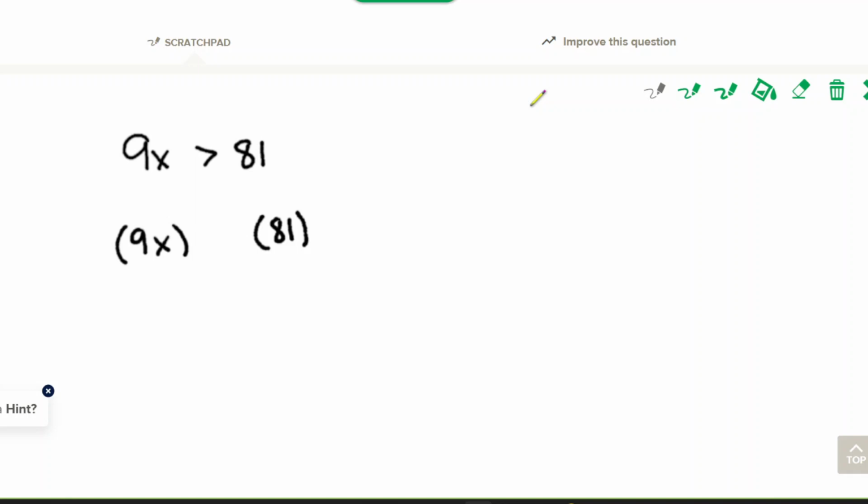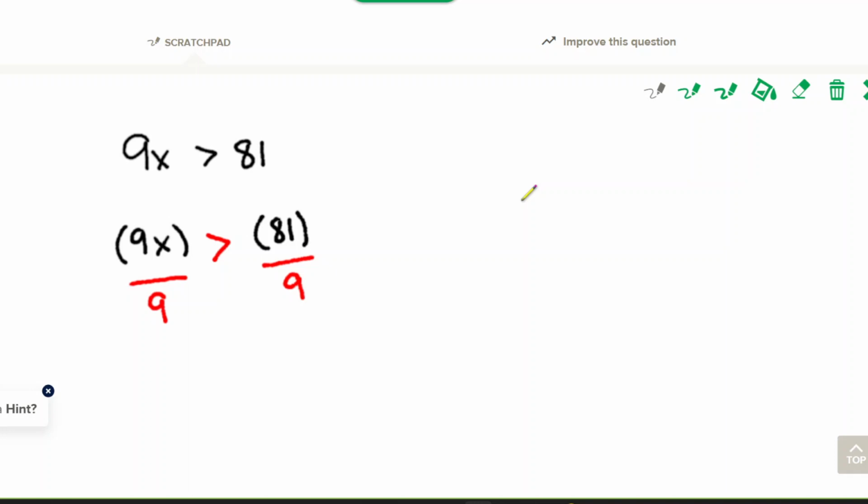On the left side, I'd be dividing by 9, or you could say multiplying by 1/9. Right side, I'm dividing by 9. Because this is a positive number I'm dividing by, the inequality symbol will not change. There is no flip in the inequality symbol.